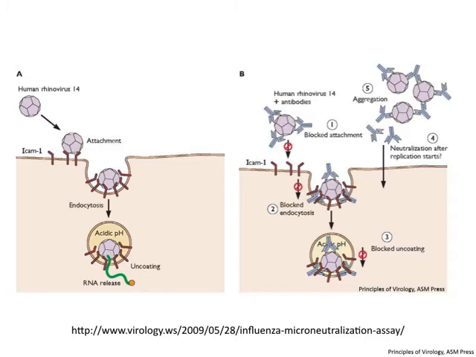But not all antibodies block attachment. Some of them actually cause the particles to aggregate, so they don't ever start an infection. They're just all clumped together. Some antibodies allow attachment and endocytosis, but they block uncoating. All right, so the virus will get into the endosome, but when the pH drops, the presence of the antibodies restricts the fusion proteins or some other movements of the viral proteins that are needed for uncoating. So neutralizing antibodies can block at many different stages of infection.